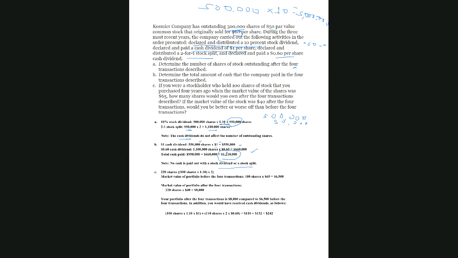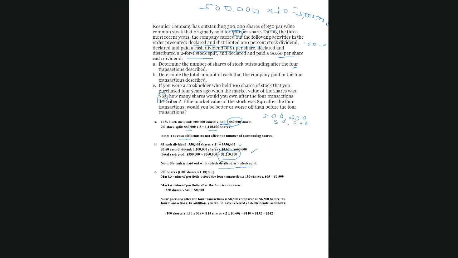Now, great question. If you were a shareholder who held 100 shares of the stock that you purchased 4 years ago, when the market value of the shares was $65, this is a calculation that you would really want to do.